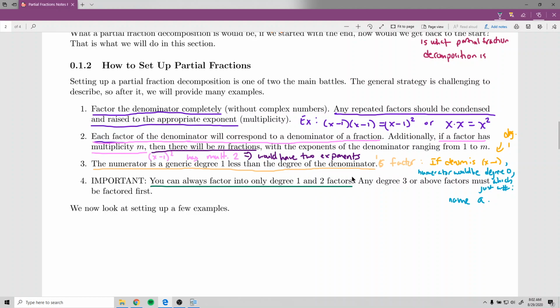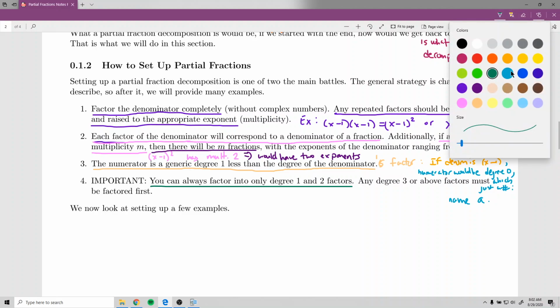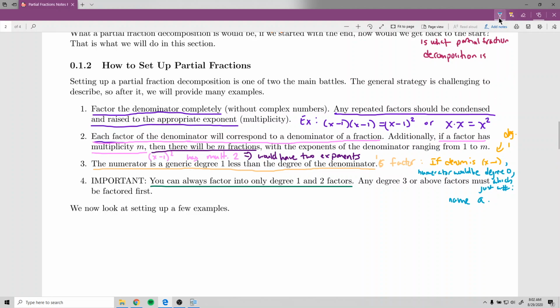Any polynomial of degree 3 or above back in chapter 3 was always able to be at least factored a little bit. So you won't have an x cubed in the bottom after you factor, ever. x cubed plus 1, for example, factors. But you can always have a degree 1 or degree 2 denominator.